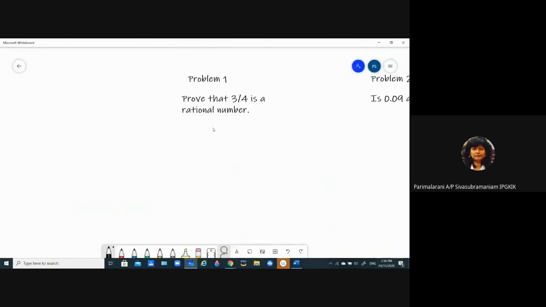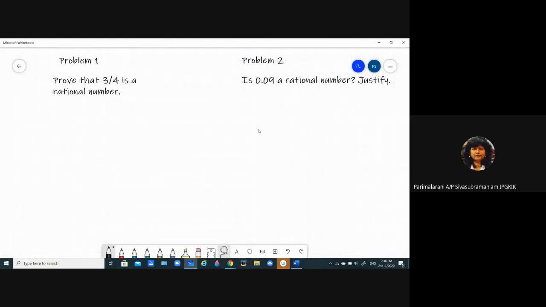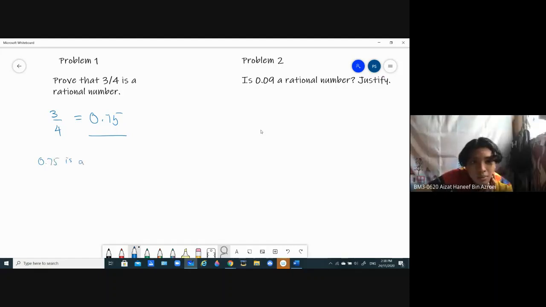First problem: prove that 3 over 4 is a rational number. How do we prove that 3 over 4 is a rational number? One method is we can change 3 over 4 into its decimal. So it becomes 0.75. What kind of decimal is this? Terminating.